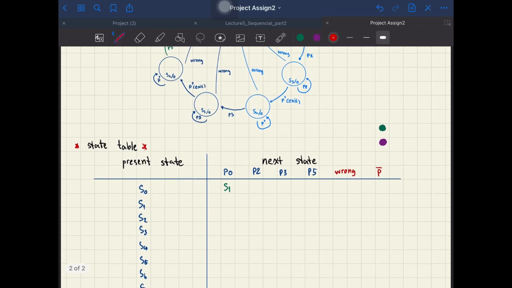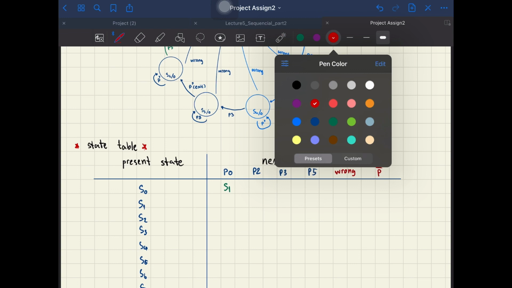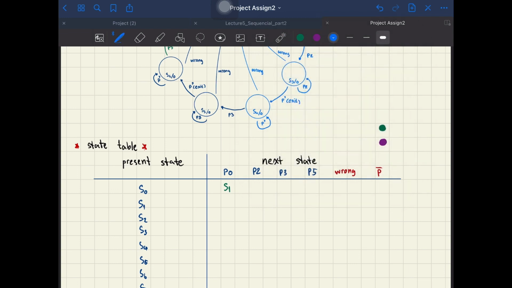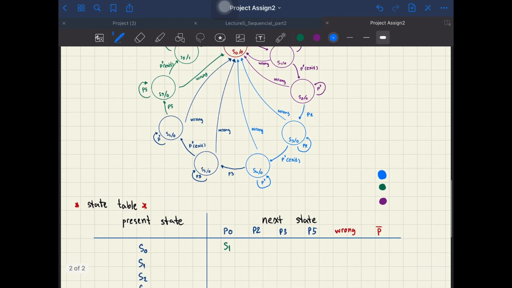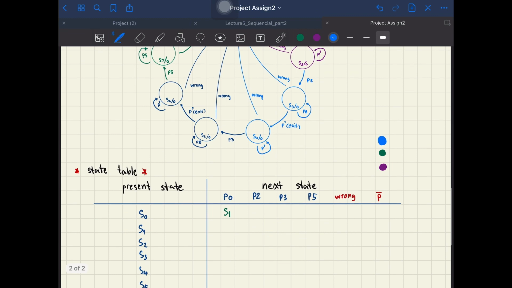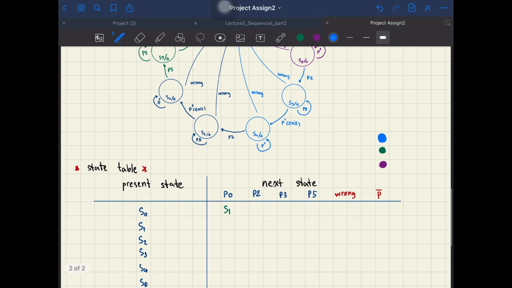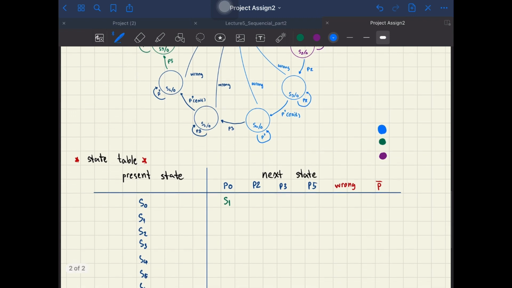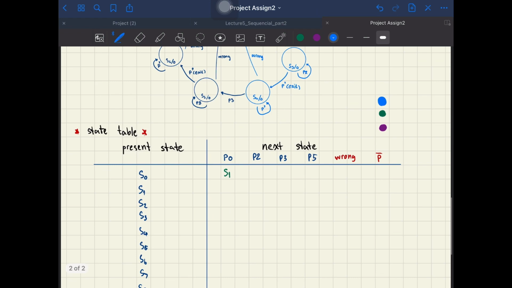And for the other color I just use light blue to represent the things that do not go forward but go backward, something like this. So I just separate into 3 cases. So let's continue.